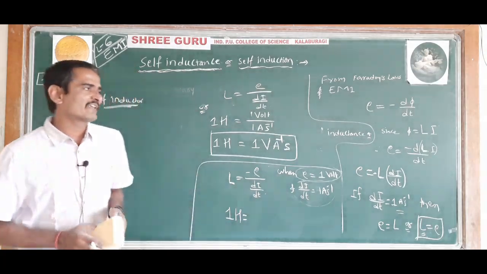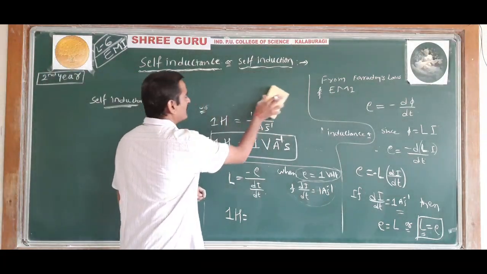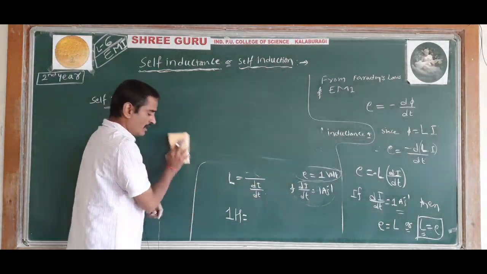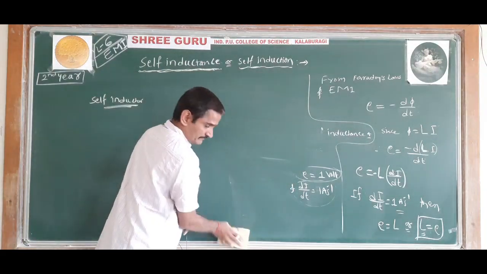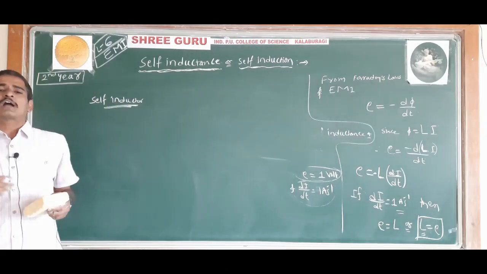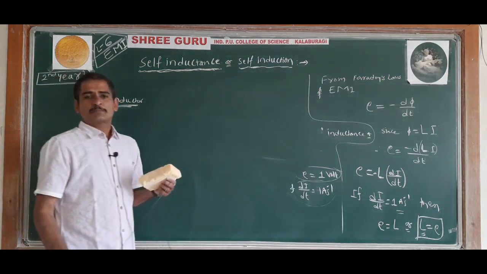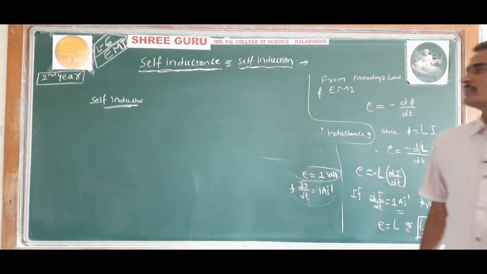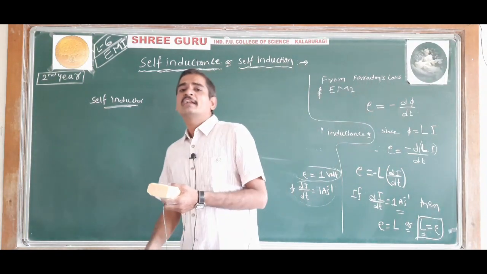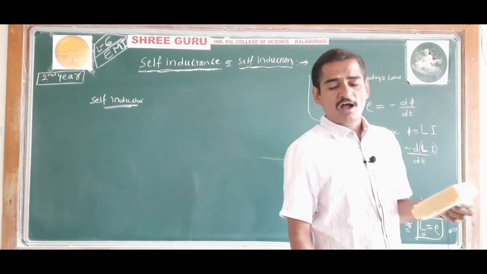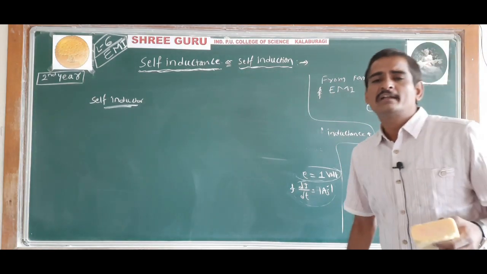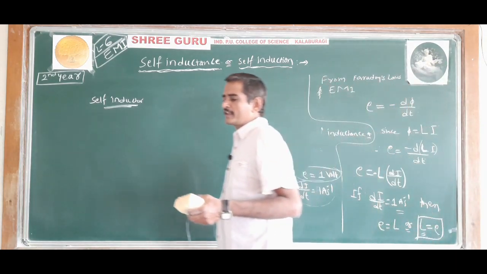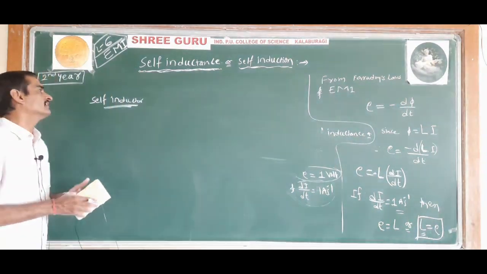A tightly wound coil of insulated wire which opposes the growth or decay of current through it is called a self-inductor.